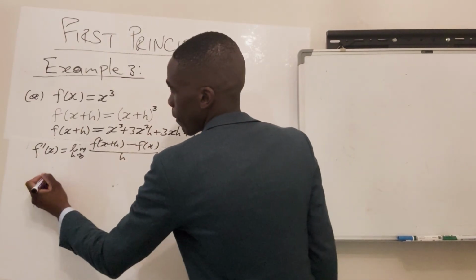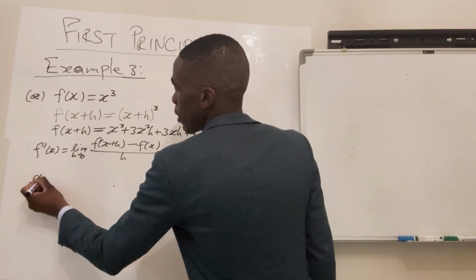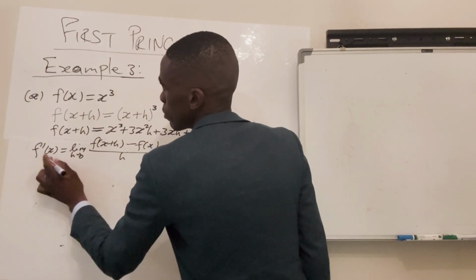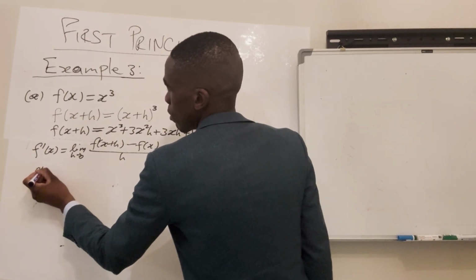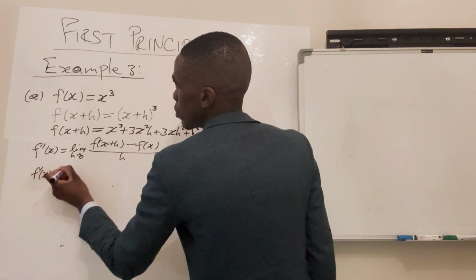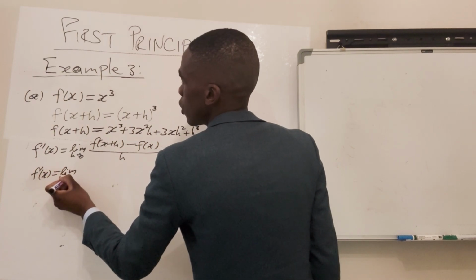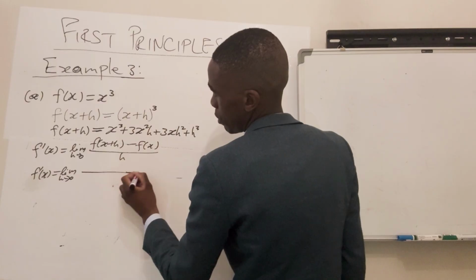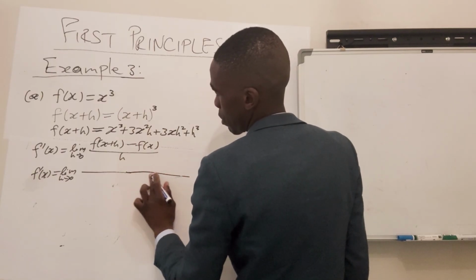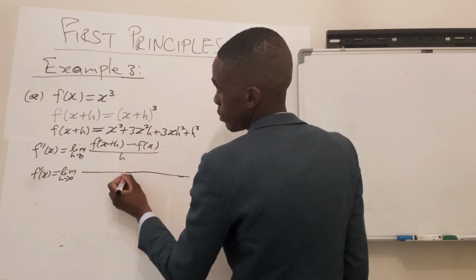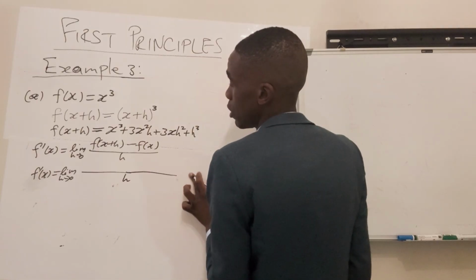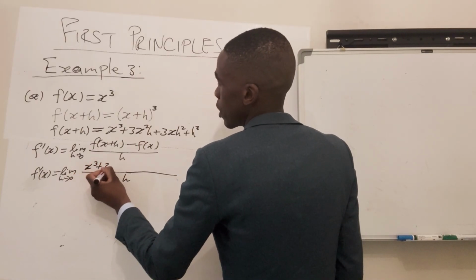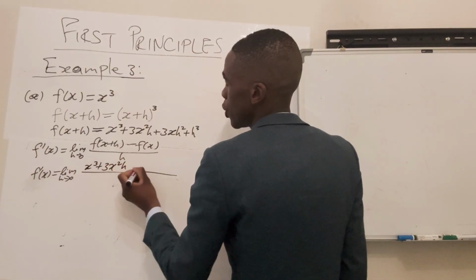Are we together? f prime of x is equal to the limit as h approaches 0, all over h, of x cubed plus 3x squared h plus 3xh squared plus h cubed.